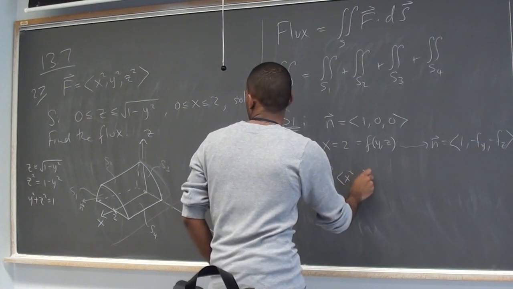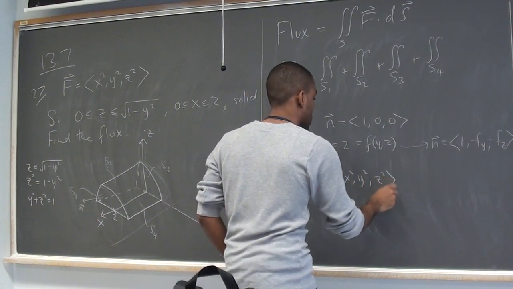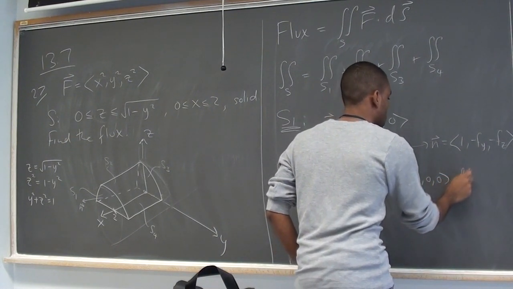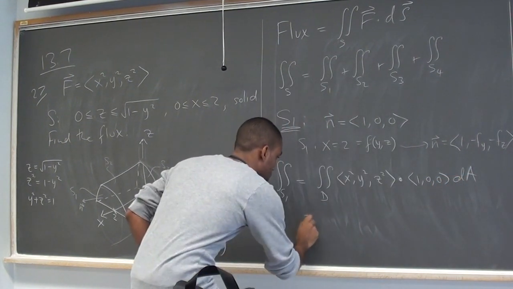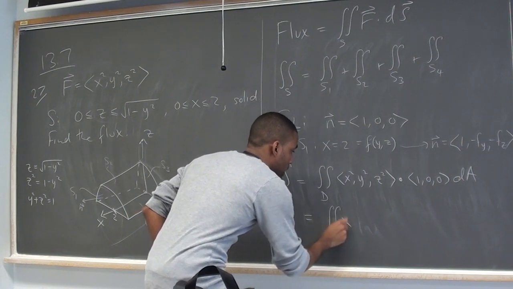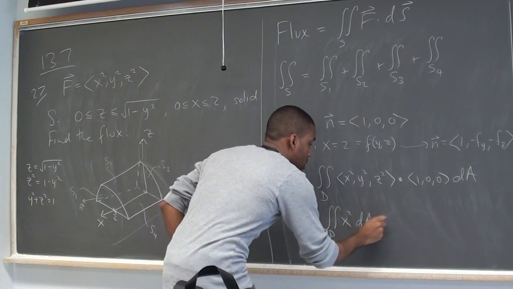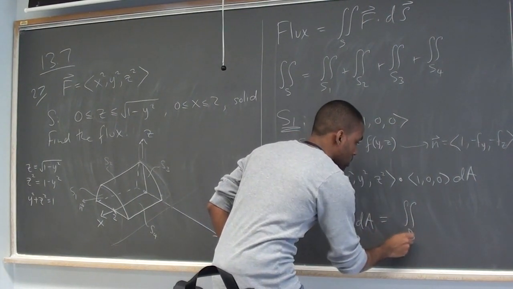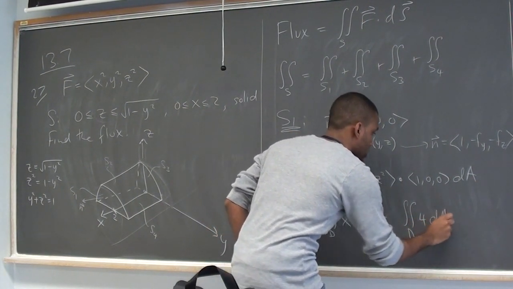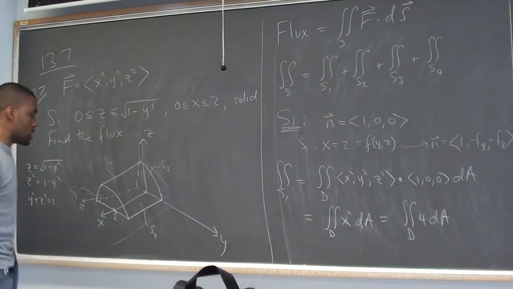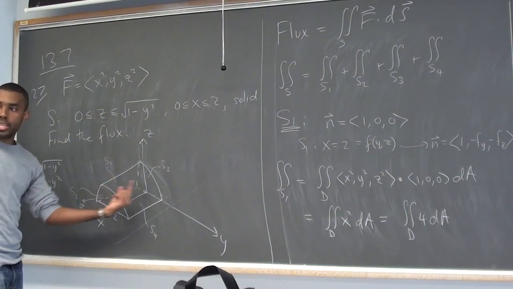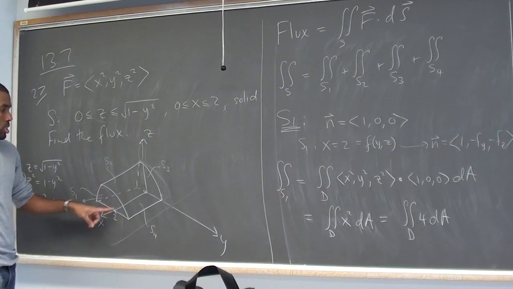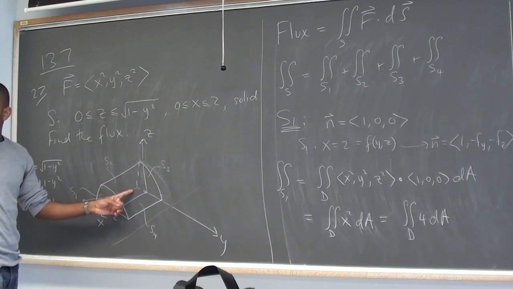And so we will have the double integral over S1 is just the double integral over D of (x squared, y squared, z squared) dot (1, 0, 0) dA. So you're just going to have the double integral of x squared dA. But x is a constant 2, so this is just the double integral of 4 dA, where D is the region of projection in the yz plane. That is a semicircle of radius 1.